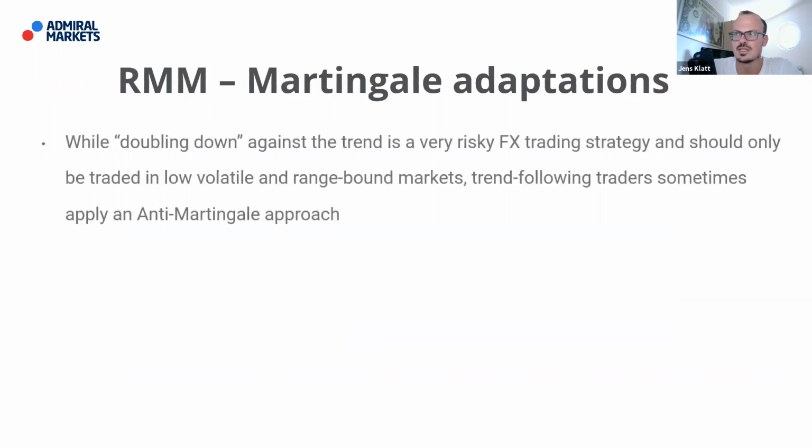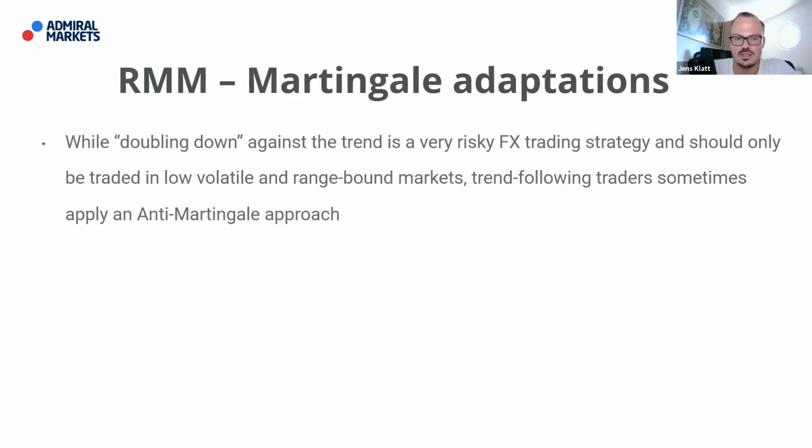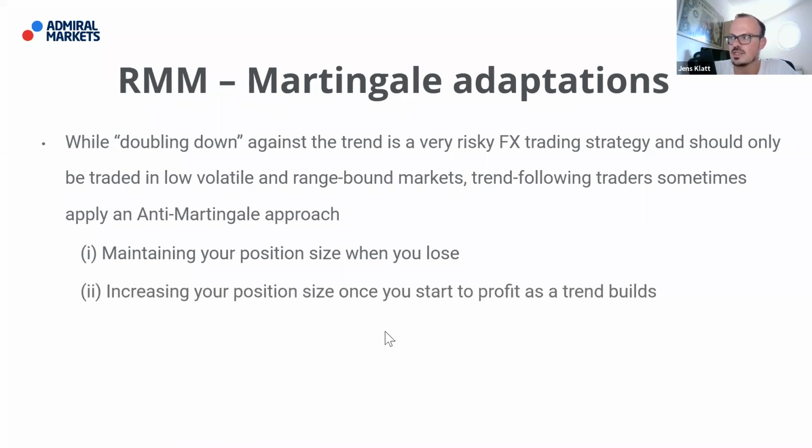Doubling down against the trend is a very risky FX trading strategy, and you should only trade this approach, if at all, in a very low volatile, range-bound market environment. Trend following traders sometimes apply a so-called anti-Martingale approach, which is maintaining your position size when you lose, but increasing your position size once you start to profit as a trend starts to build.